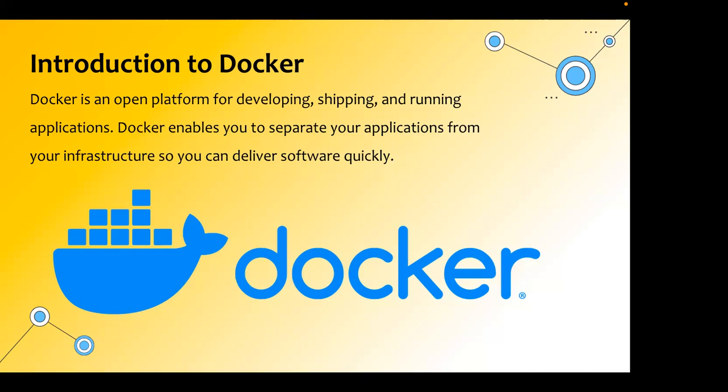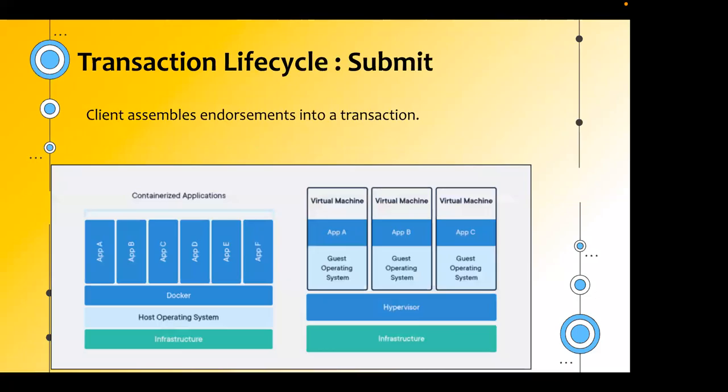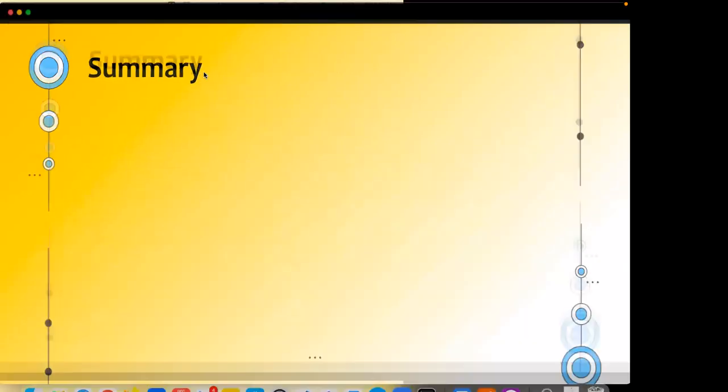Okay, how? Docker says, you just create your package. The infrastructure part I will take care of. Whatever dependencies, libraries, and packages are required for your application, I will handle by myself.